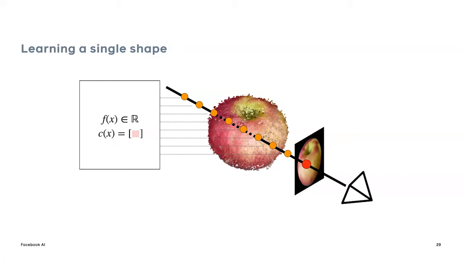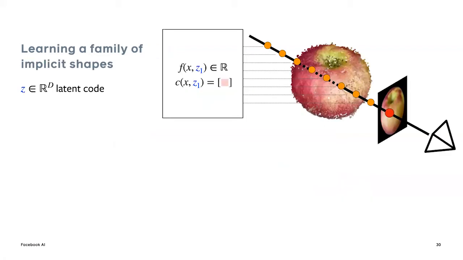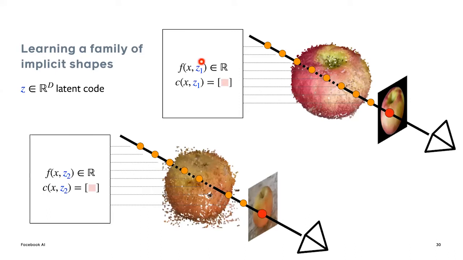That's what NeRF does, and many of these other methods also give you. Now this is good for one object, so you can train a single network or model that gives you f and c. But what happens if you want to have more than one object encoded? Well, the other thing you can do is add to the functions f and c another argument.